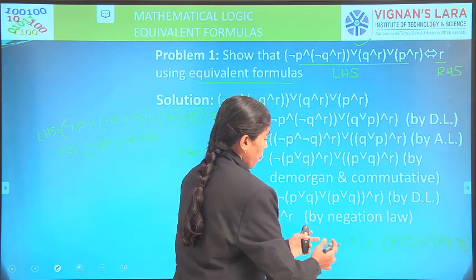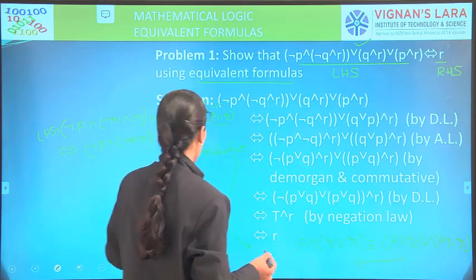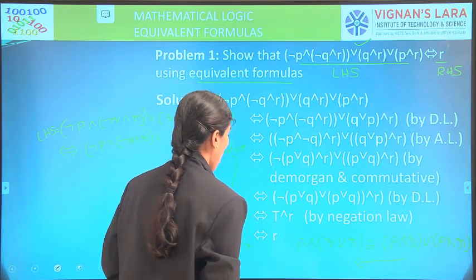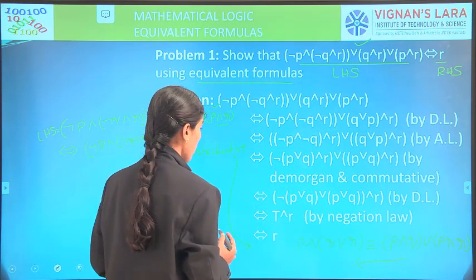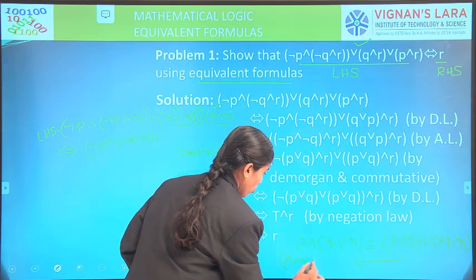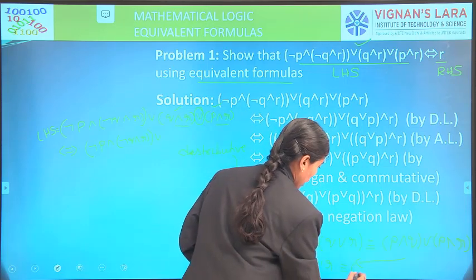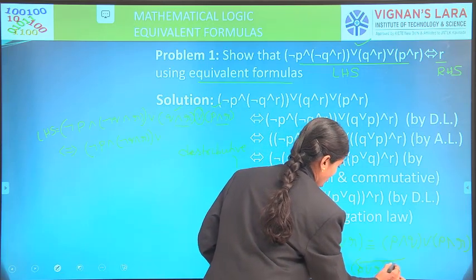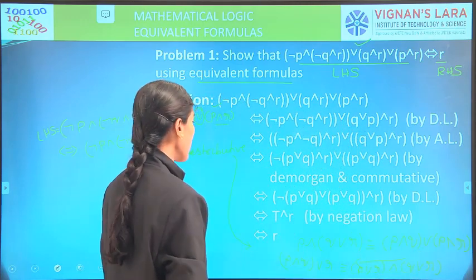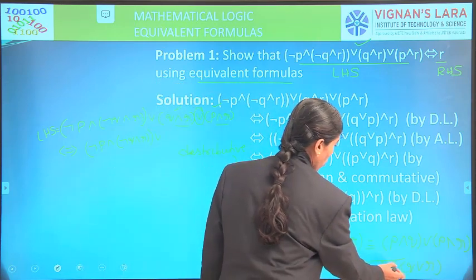So now we are applying it from RHS to LHS. Here (P AND R) OR (Q AND R). Otherwise, the other formula for this one is (P OR Q) AND R. This is another distributive law. We get P OR Q AND R, which is equivalent to (P AND R) OR (Q AND R).